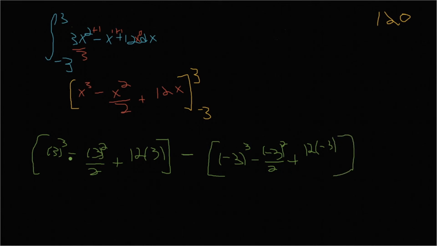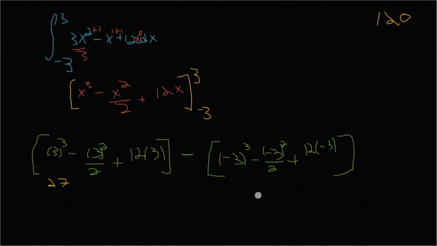Alright, let's see if I can do math. So 3 cubed is 27, but this is a -3 cubed, so this is 27 minus a negative 27. This is actually going to be just two 27s because we're just minusing a negative 27.